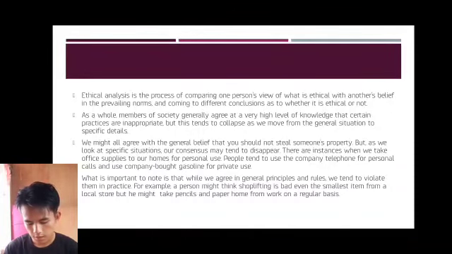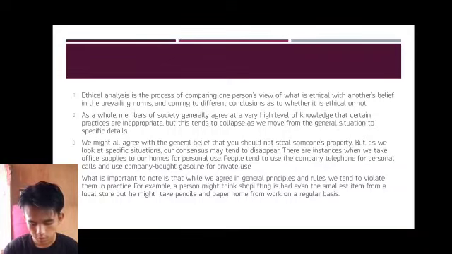Ethical analysis is the process of comparing one person's view of what is ethical with another's belief in the prevailing norms, and coming to different conclusions as to whether it is ethical or not.